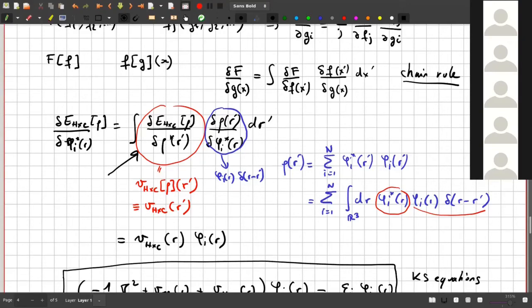And if it exists, then it defines a Kohn-Sham potential or a Hartree exchange correlation potential. So you can see this as the V-representability condition. There must exist a V to write that. Is it true? Is it possible to always take the derivative of the functional with respect to the density? Well, it is a subtle question mathematically.